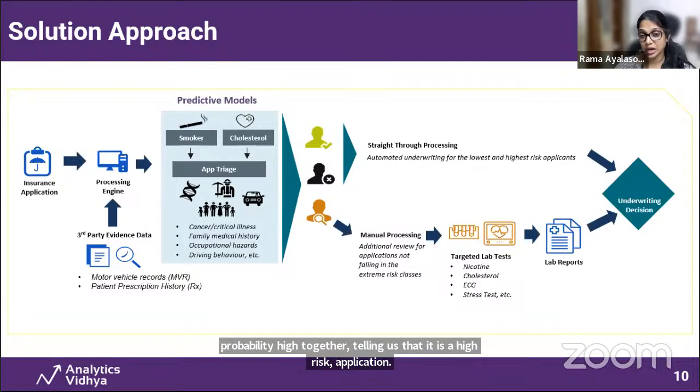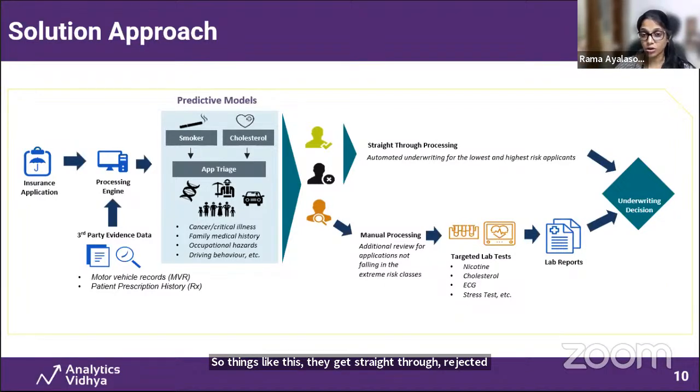And then there is the other case where all of the variables are telling us that the probability of someone having high cholesterol or being a smoker is very low. These are also straight-through processed. They're straight away accepted, right? Now there is a mid range of probabilities which are undecisive just by the ML models.